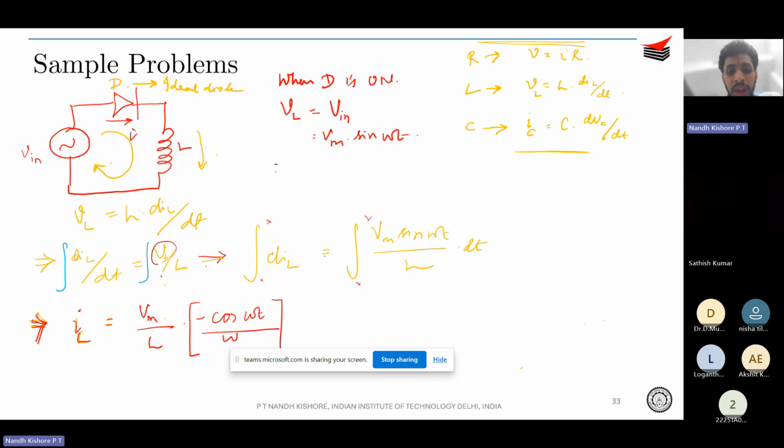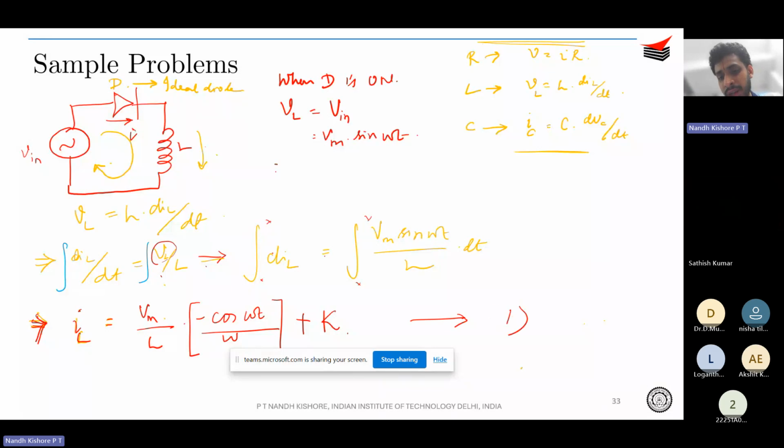So it is a kind of an absolute integration, which means that you need to add your constant k or c or whatever you may call it. So this is the current expression. IL is equal to Vm by L into minus cos omega t by omega plus k. This is how my current will look like.